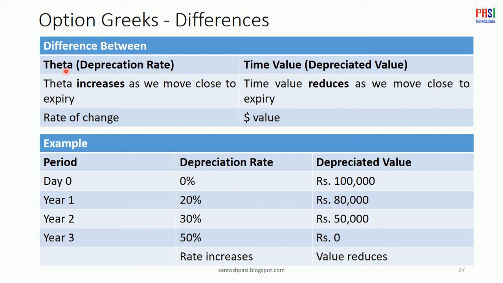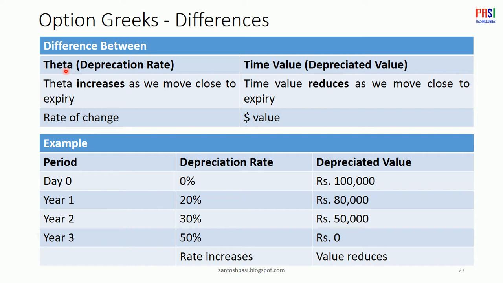Now before we deep dive into Greeks, we need to understand the difference between theta and time value. I've seen that most people misinterpret or mix up these two terms. Theta is a depreciation rate versus time value is a depreciated value.